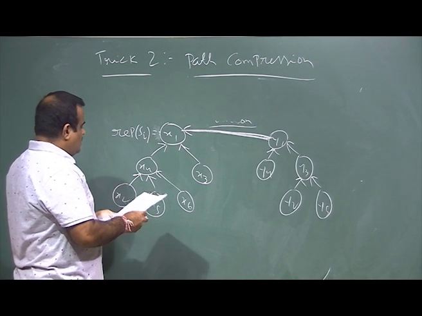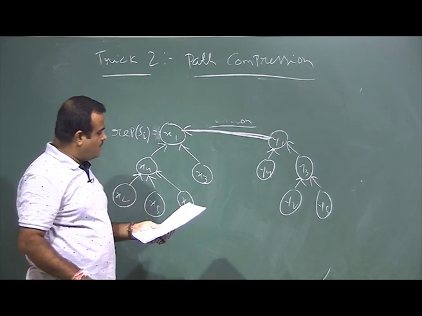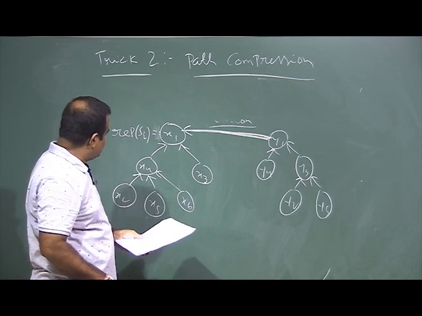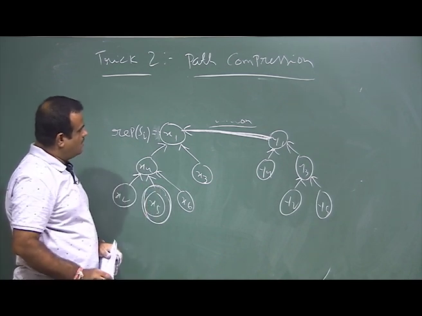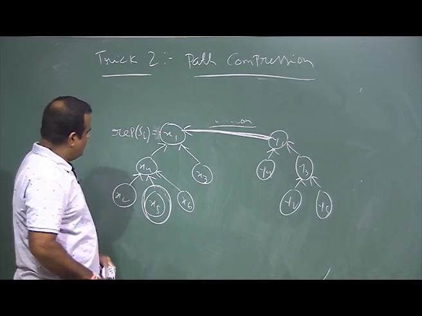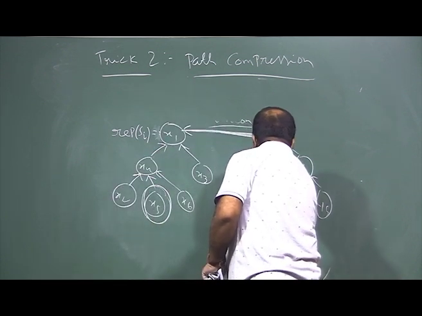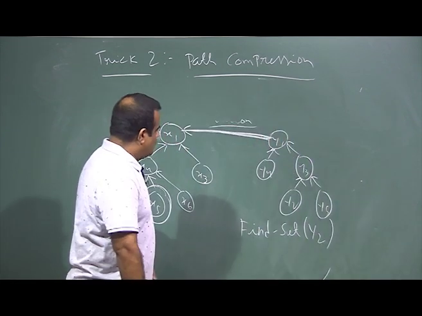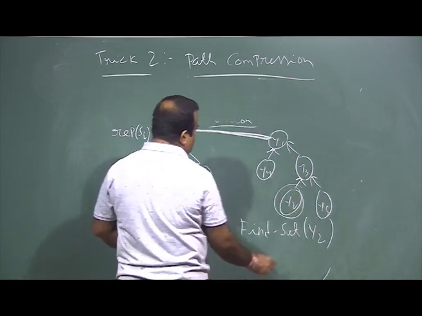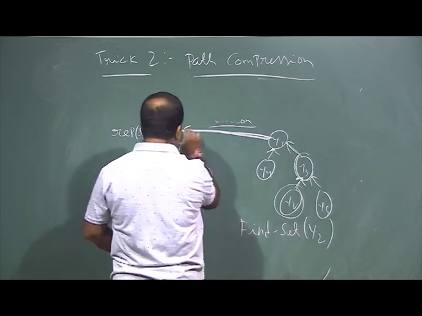When we perform a find operation, say on y2, what do we do? We go to the parent of this, then we go to this, then we go to this. Okay.